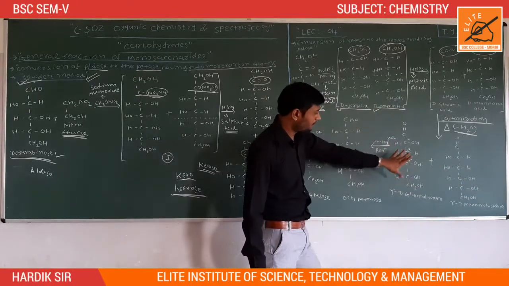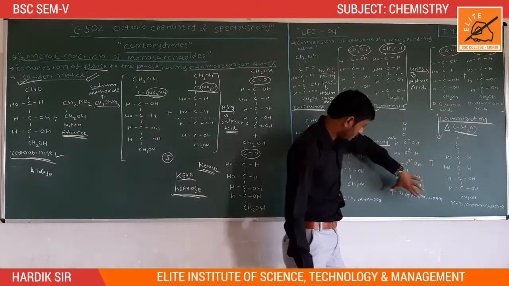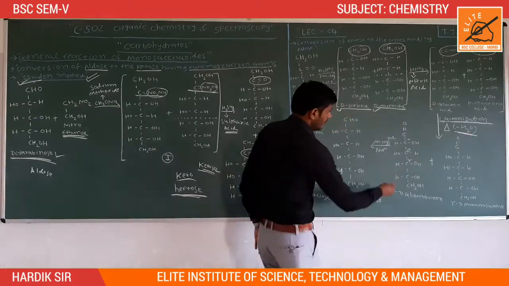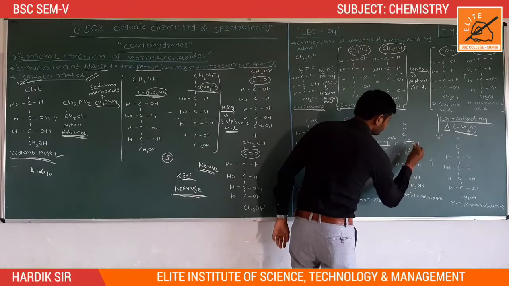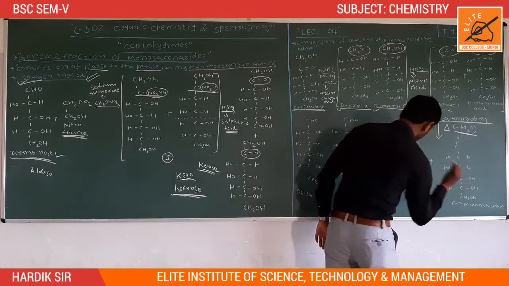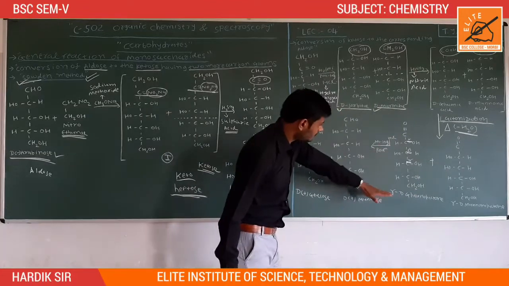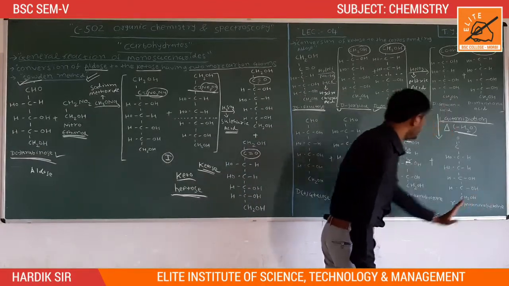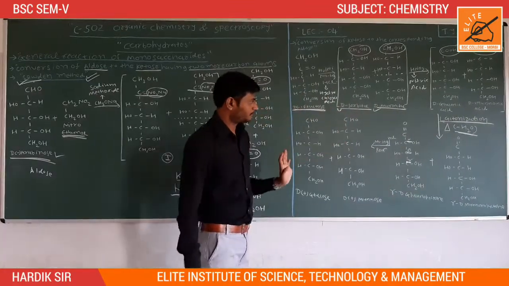This is the structure of gamma-D-gluconolactone and this is the structure of gamma-D-mannonolactone. This is the alpha carbon, this is the beta carbon and this is the gamma carbon. It is the same for the other.